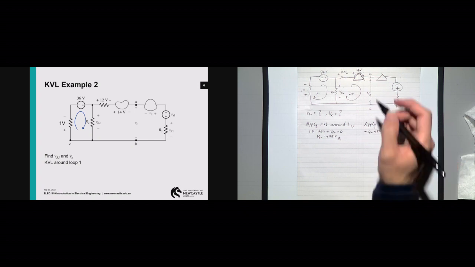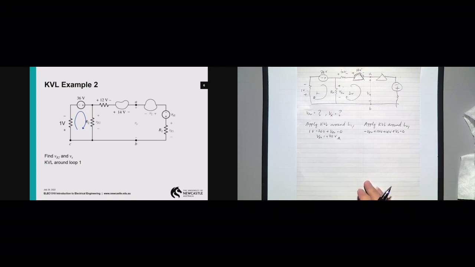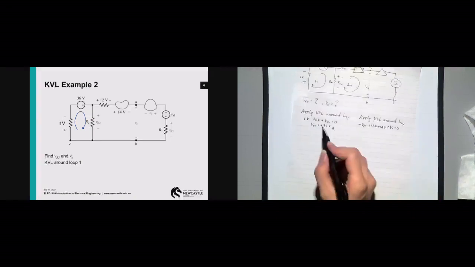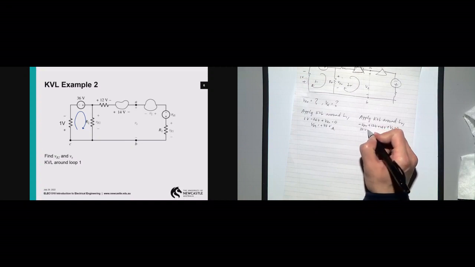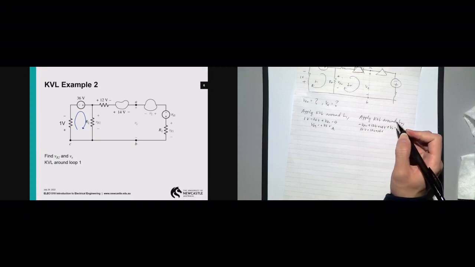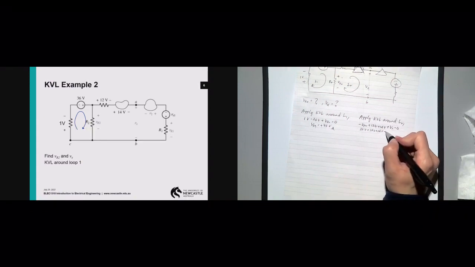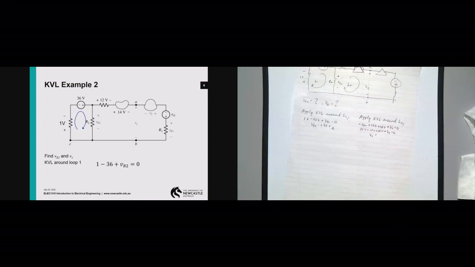Then I'll hit my Vx here equals 0. KVL: I have my VR2, which is 35 volts, plus 12 volts plus 14 volts plus Vx equals 0. So Vx is equal to?